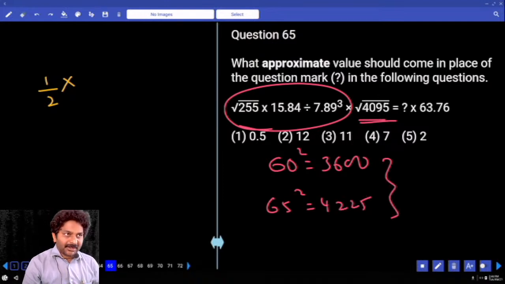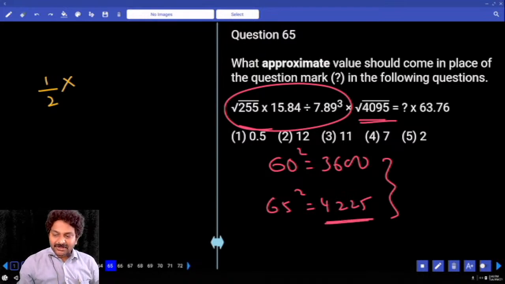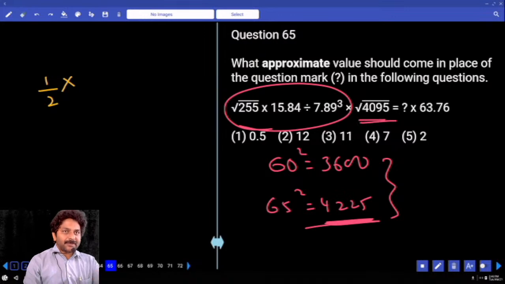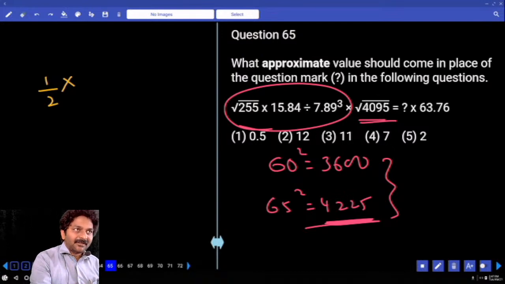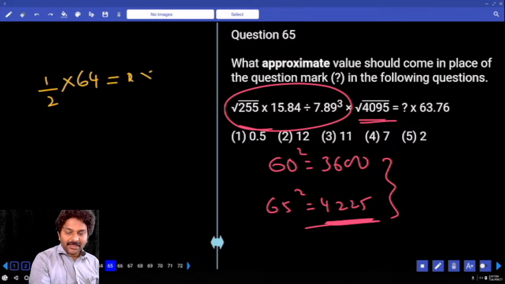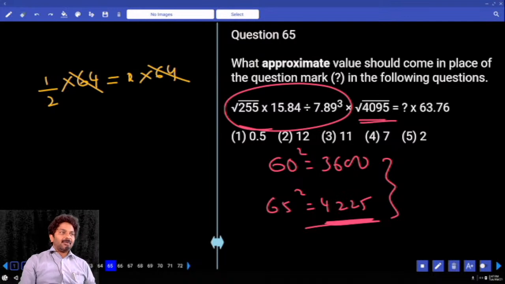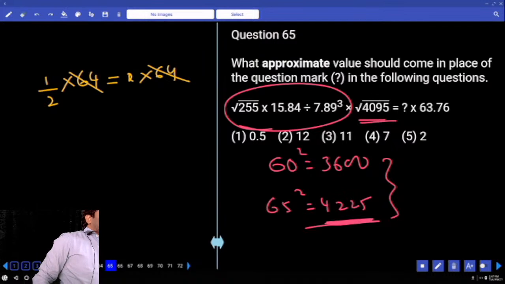Between these two you need to take a number. But 4095 is approximately 4100. That is close to this number only. So the answer must be close to this number. Again you have one more clue. Here already you have 1 by 2. That means the denominator is 2. So the number that you write must be an even number, close to 65 but less than 65. 64 is equal to x into 64. Gets cancelled. X is equal to 1 by 2, 0.5. First option. Followed?